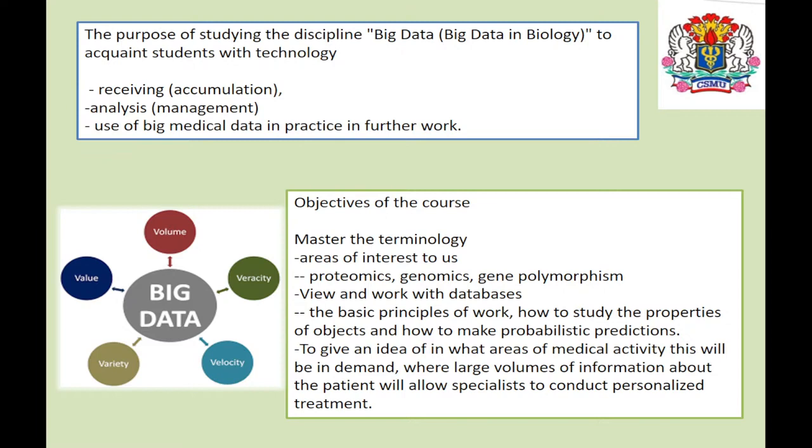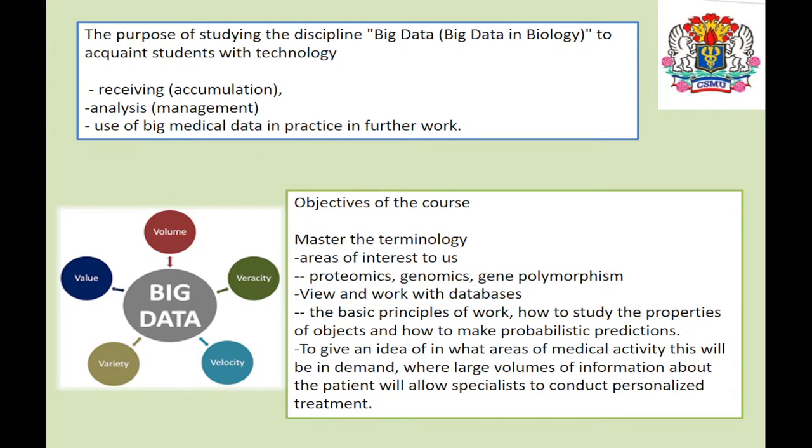Objectives of the course: to master the terminology of the areas of interest to us, proteomics, genomics, gene polymorphism. To view and work with databases. The basic principles of work, how to study the properties of an object and how to make probabilistic predictions.